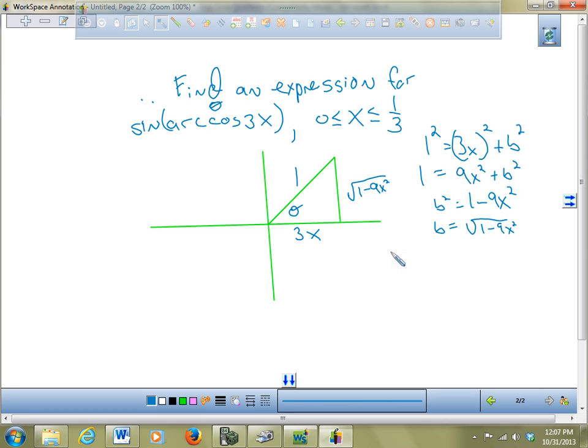Did I mess up? Yep, I messed up, sorry. You got me. It should just be opposite over hypotenuse, which is just the square root of 1 minus 9x squared.